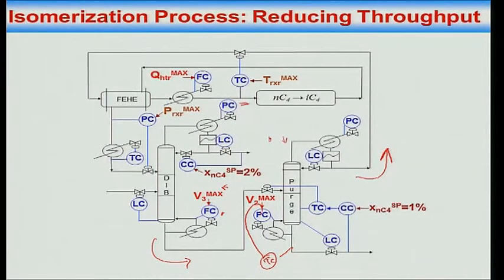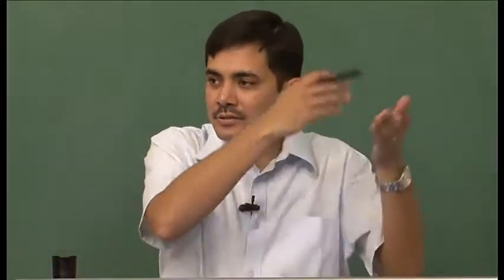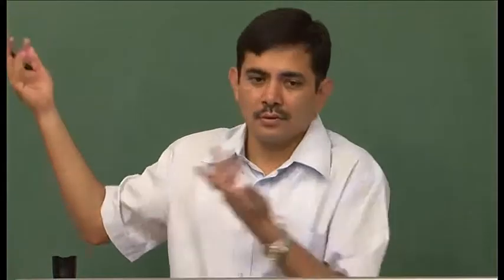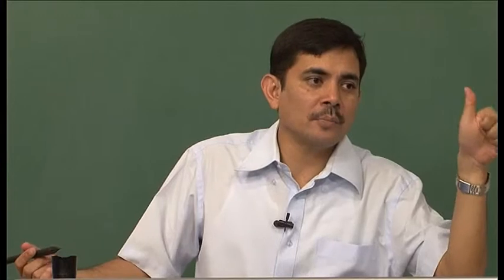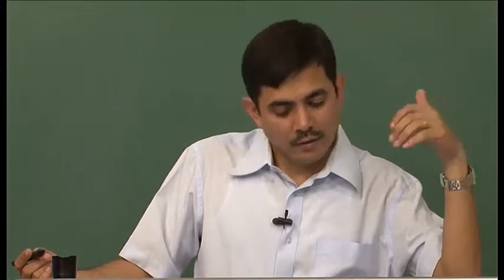When V3 hits max, you essentially lose control of how much NC4 is dropping down the bottoms. That has an economic penalty, because by converting NC4 to IC4, I am making money. Now I am just letting NC4 go down, right? There is a severe economic penalty associated with that.